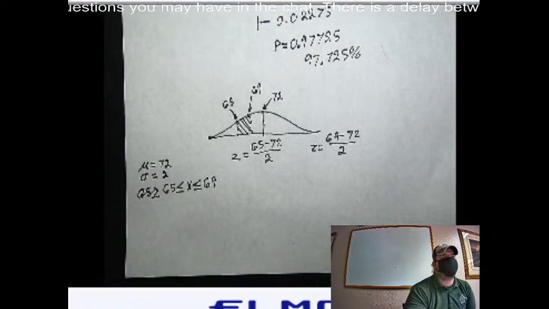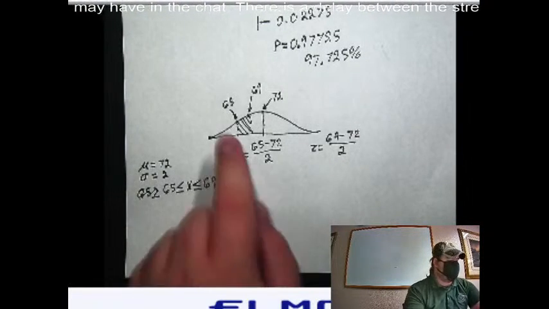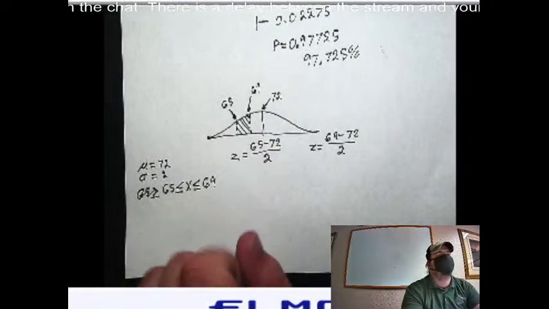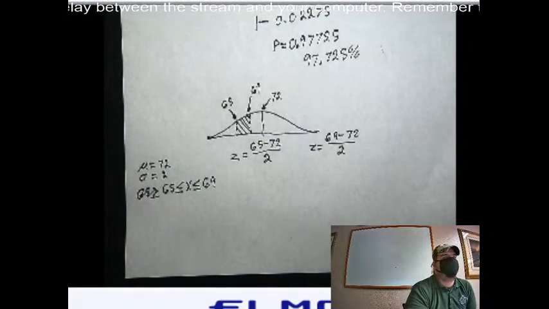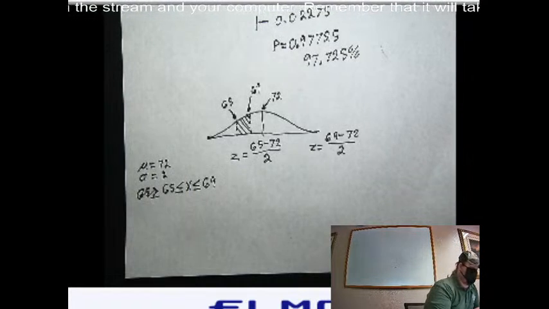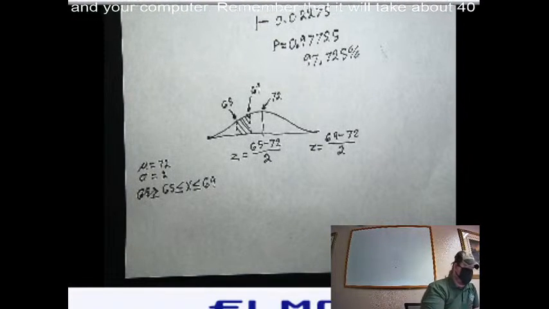So again, we have to calculate two z-scores, one for each of these x values. Let's go ahead and see what this comes out to be.